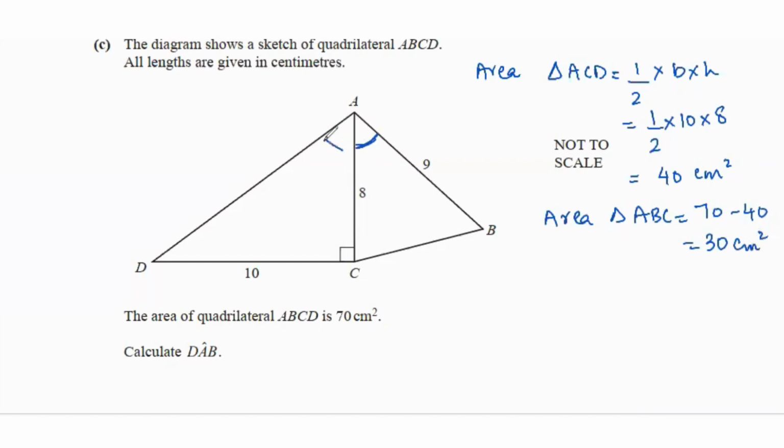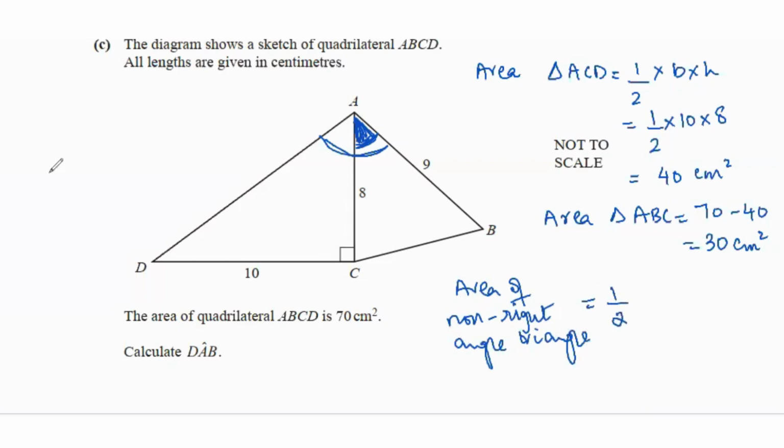Since this is the angle that we're trying to find, we can find the angle CAB by using the formula of the area of non-right angle triangles, which is 1/2 AB sine of angle C. This formula is applicable when you have two lengths and the angle between them.